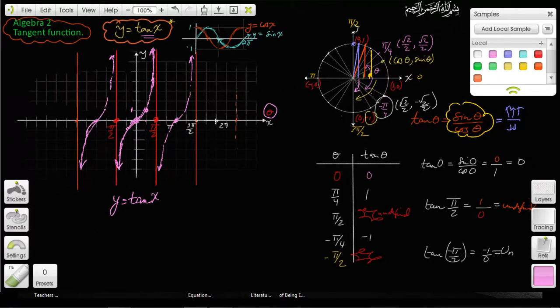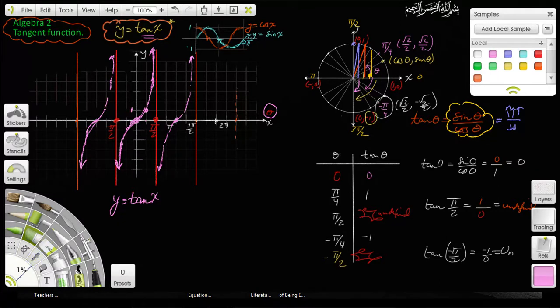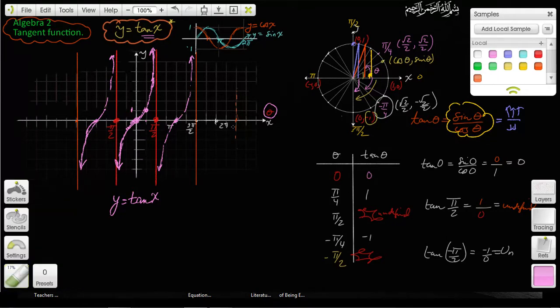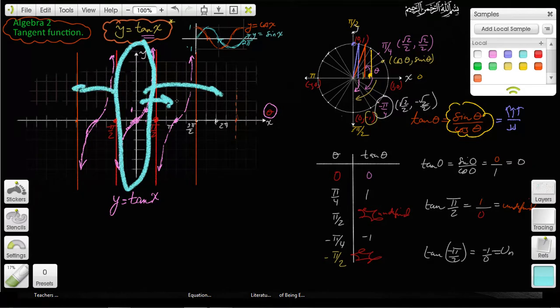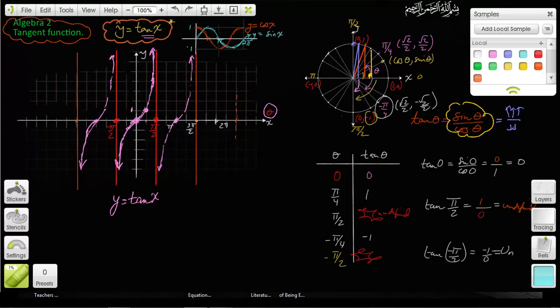Okay, now the key thing to appreciate here, at least in my mind, is to understand that this graph is reproduced here and here and here and here.